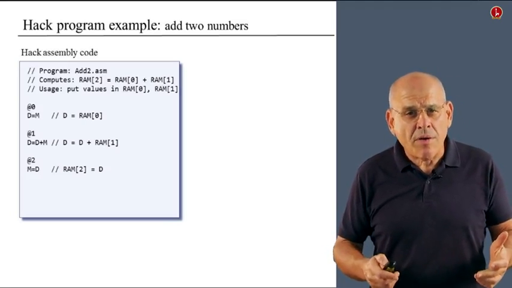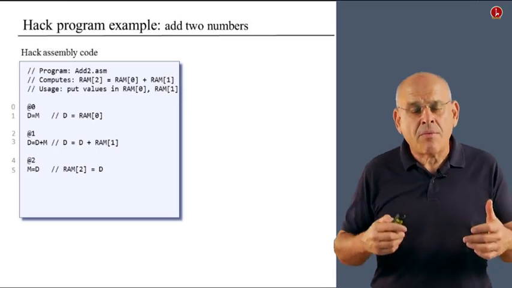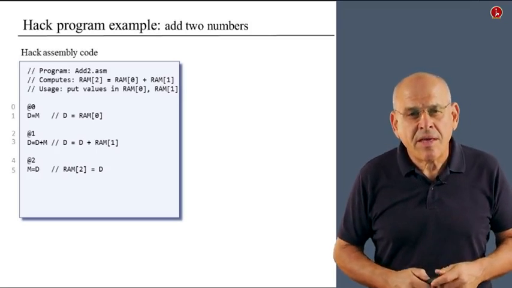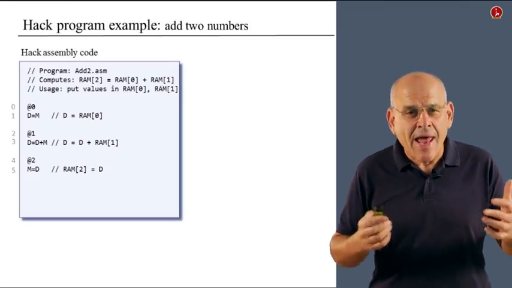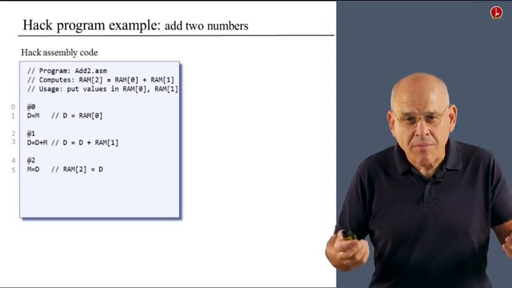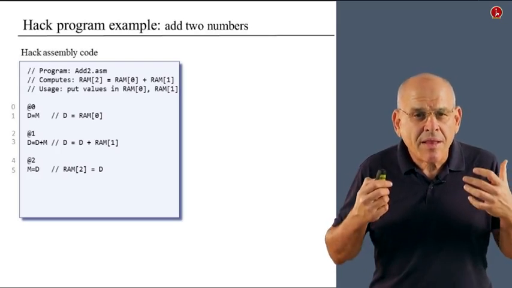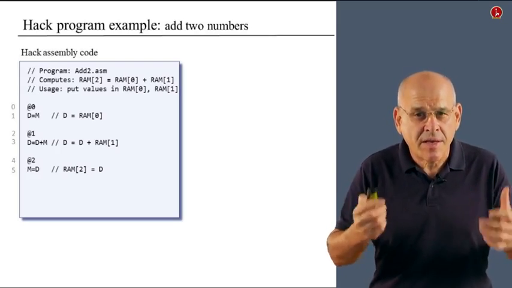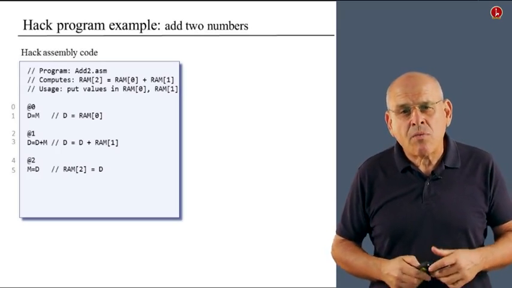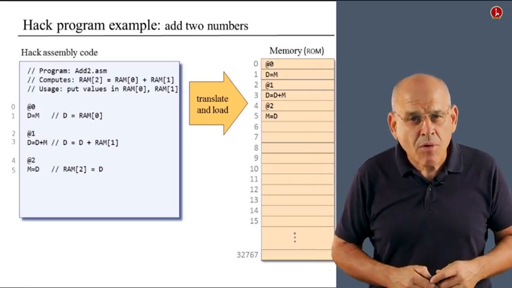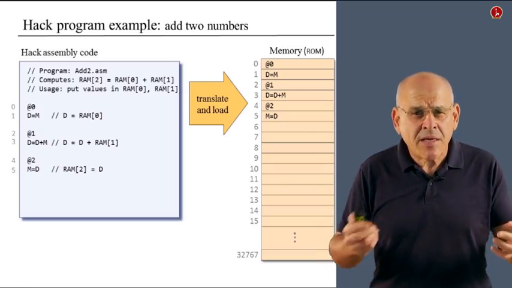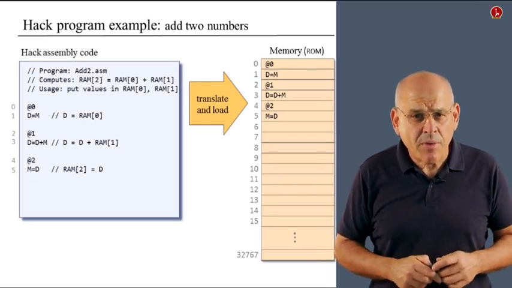Now, before we go on, I'd like to remind you that instructions in the HACK language have implicit line numbers. You don't see them when you write the program, but these numbers kind of lurk in the background. And when you translate this program and load it into memory, there are some interesting observations that we have to make.